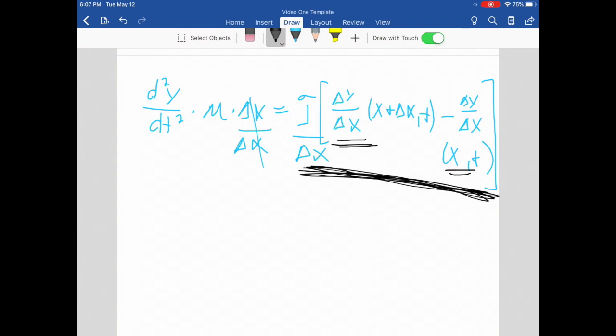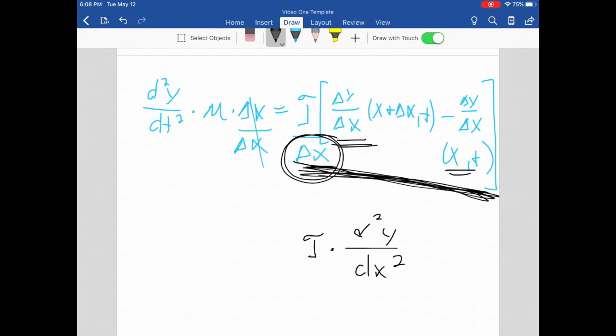In addition, on the outside of the brackets, we have a delta x. So if you couple the inside of the brackets with the outside, you can see that we have a change in the slope, or the double derivative of y relative to position. So once again, this is almost like the change in the rise with respect to the run. So another way we can write this right-hand side of the equation is tau times d squared y over dx squared.